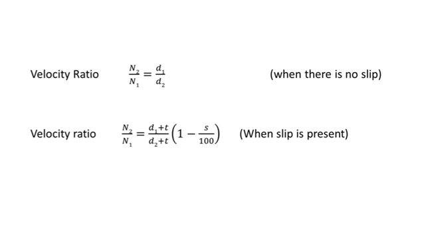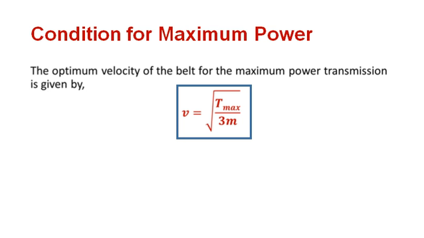If we consider slip, the formula becomes n2 by n1 equal to (d1 plus t) by (d2 plus t) into (1 minus s by 100), where s is equal to s1 plus s2, the slip on both the tight side and slack side. This is the condition for maximum power transmission: V is equal to square root of T max by 3m.